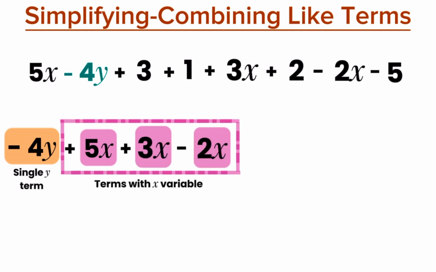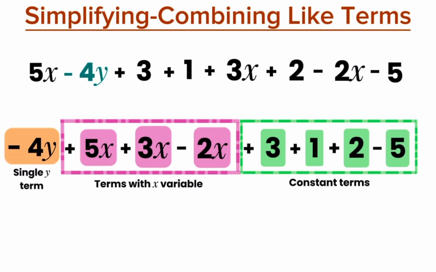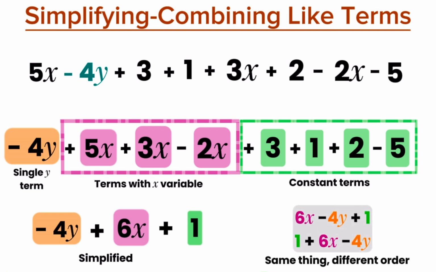And now we group the single constants. That's plus 3 plus 1 plus 2 minus 5. Add and subtract the like terms to get the simplified version, which is minus 4y plus 6x plus 1. Now be aware that either of these expressions are the exact same thing, but with the terms in different order. So don't be confused if you sometimes see terms rearranged differently.